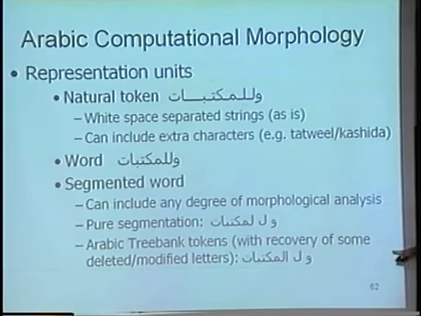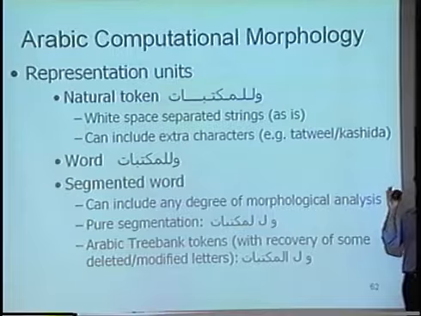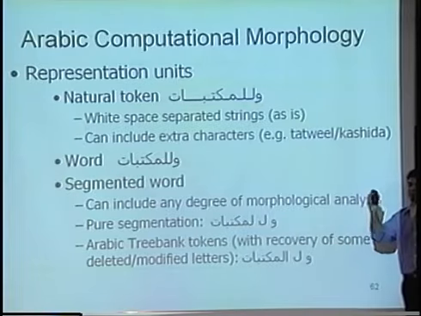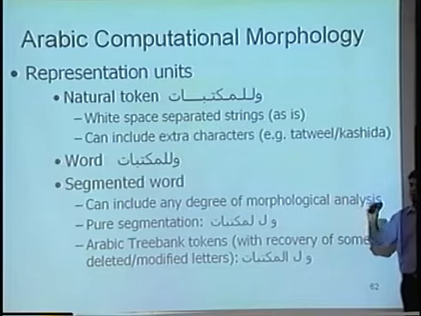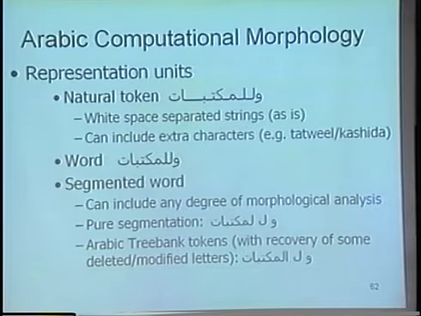The Arabic Treebank tokens, for people who are using the Arabic Treebank, they go with a 4-segment approach where they have conjunctions, prepositions, pretty much everything else except for the clitic at the end. So you always have the pronominal clitic separated, the conjunction separated, and the preposition for the noun separated.